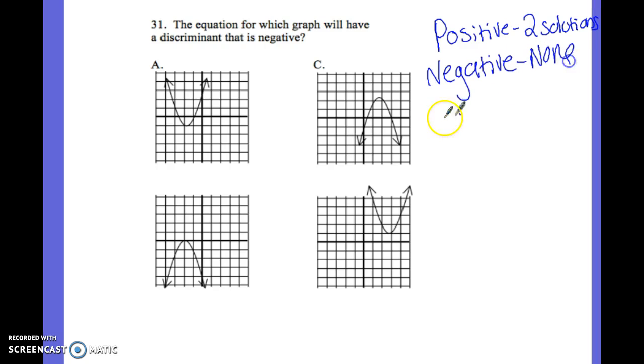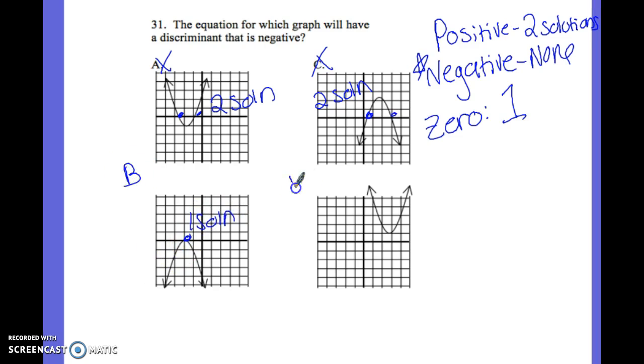And if it's 0, you get 1. So for negative, I'm looking for which one that has no solutions. A has 2 solutions. It's not A. C has 2 solutions. It's not C. This one is B. B has 1 solution. And D has none. So your answer is D.